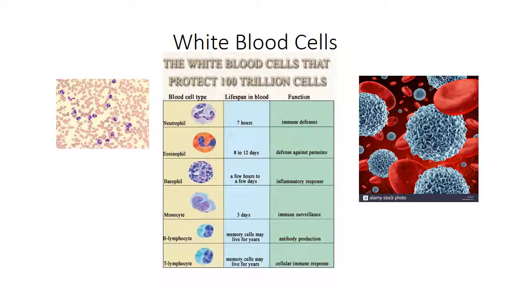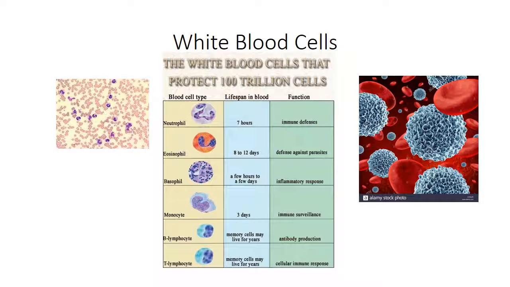Lifespan is pretty short, except the lower two categories. We will talk more about that in the lecture about the immune system. The function of these white blood cells is always aimed at defending us from infections, but there's a division of labor between different kinds of white blood cells.